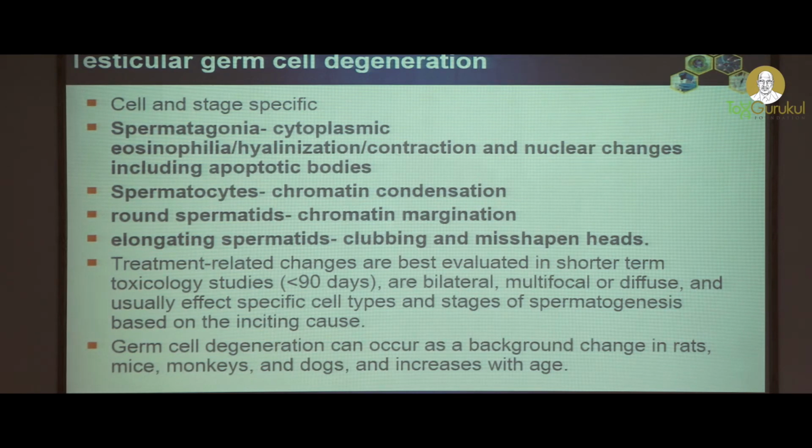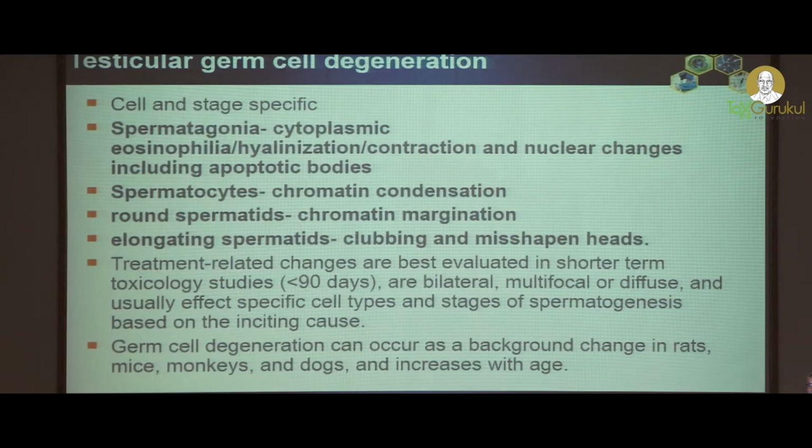It's so well characterized here that the spermatogonia undergo cytoplasmic eosinophilia, hyalinization, contraction, and nuclear changes, eventually leading to an apoptotic body, whereas in the spermatocytes it is the chromatin condensation that happens. In the round spermatid it is the chromatin margination which happens as a part of degeneration, whereas in the elongating spermatid it is the clubbing and the misshapen head formation that happens.